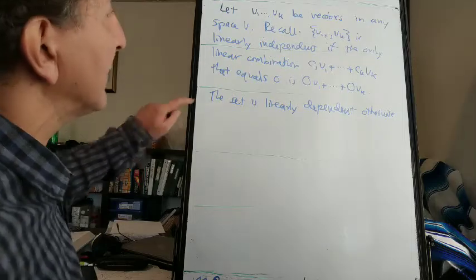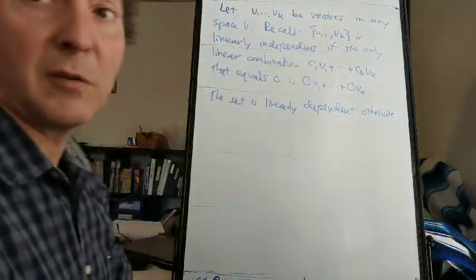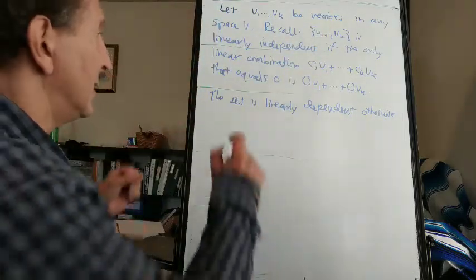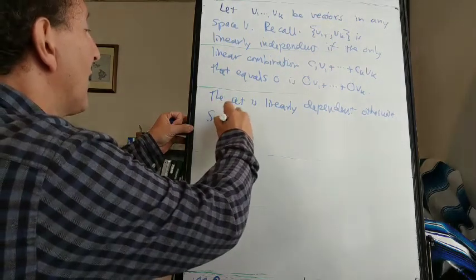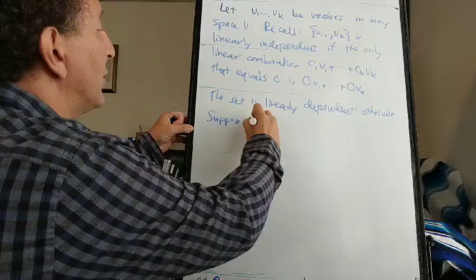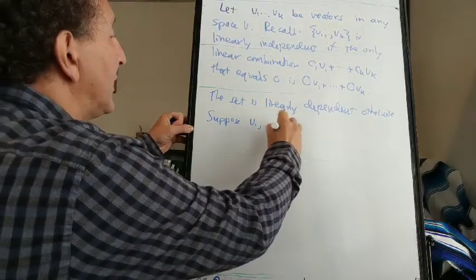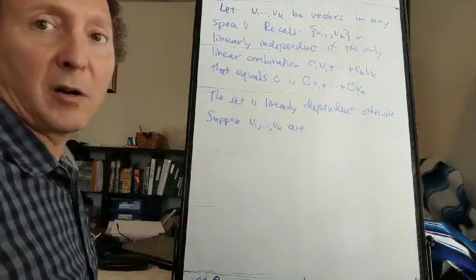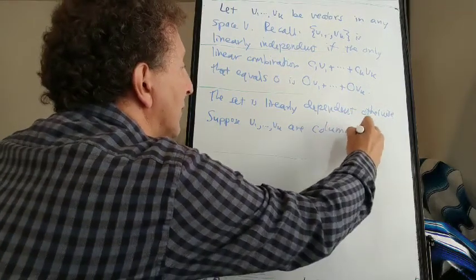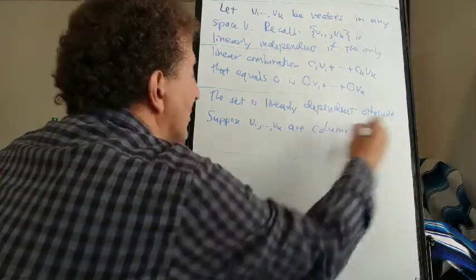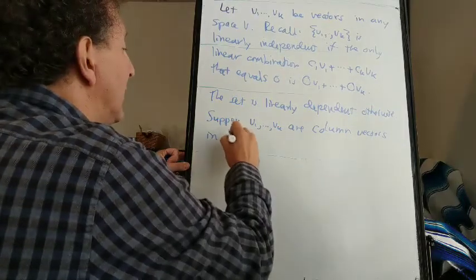All right, now let's look at the special case that those k vectors are in Rn. So let's suppose v1 through vk are column vectors in Rn.